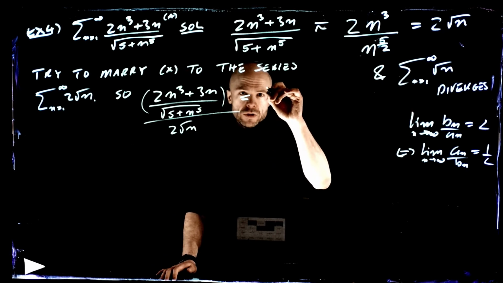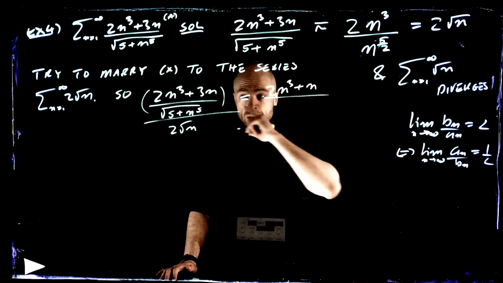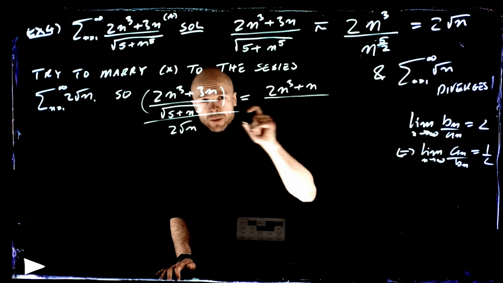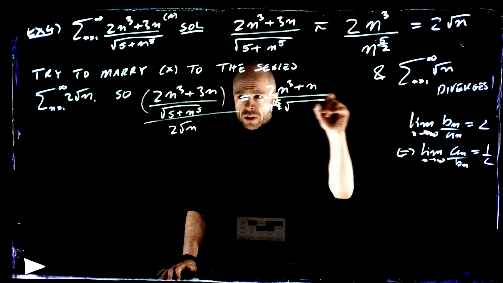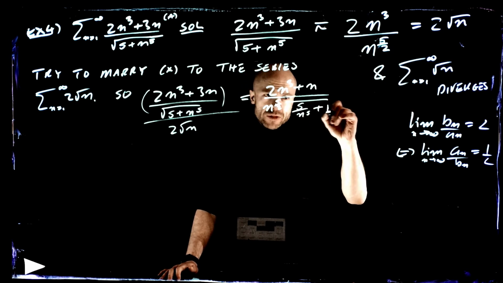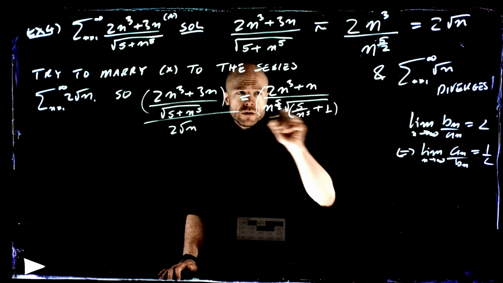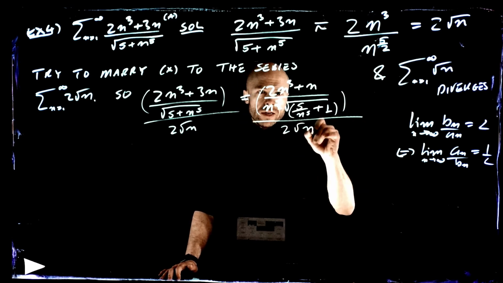So we're going to have 2 n to the 3 plus n, and let's factor out the n to the 5 and pull it out from the square root. So we're going to have n to the 5 over 2, and then 5 over n to the 5 plus 1. Okay, and then all of this stuff is divided by 2 square root of n.